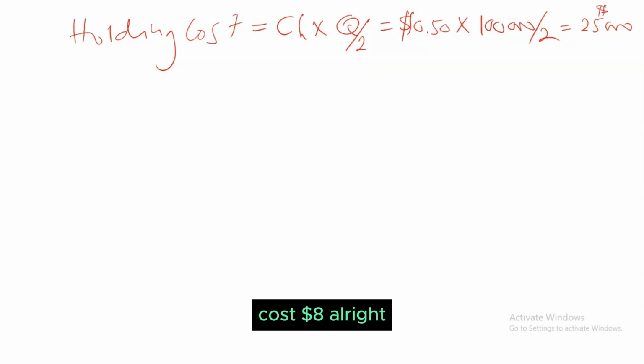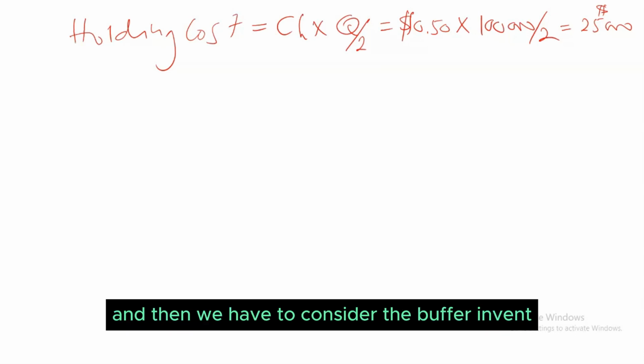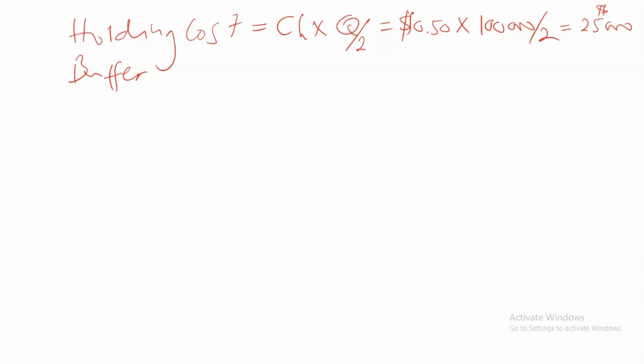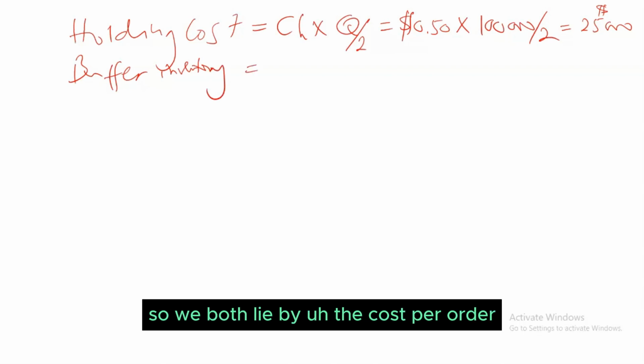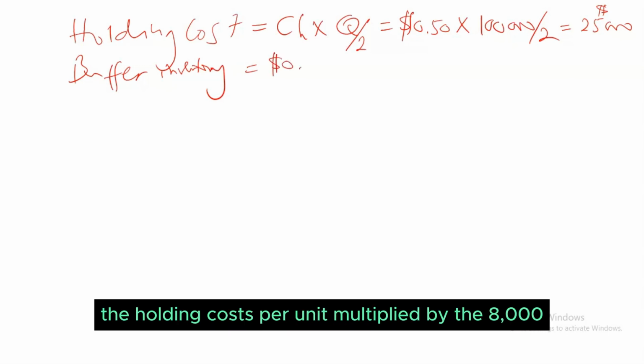Costs are in dollars. All right, and then we have to consider the buffer inventory. Buffer inventory, we know that these are 8,000 units, so we multiply by the holding cost per unit, multiplied by the 8,000.